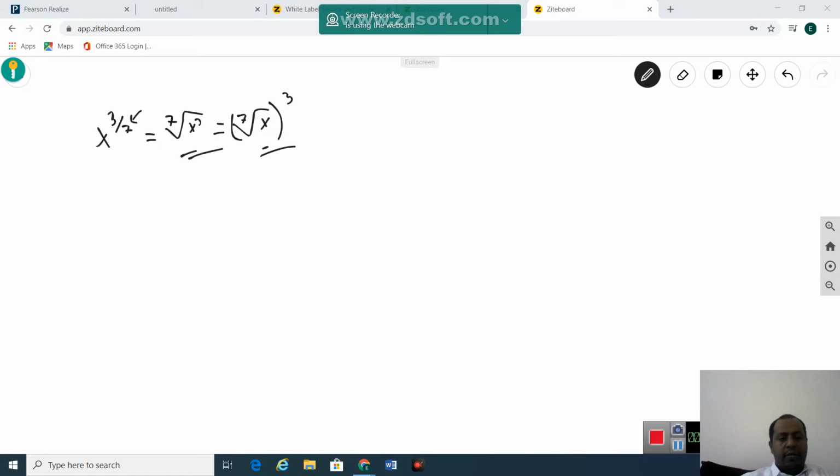Okay, another thing that I would like to stress in this problem, every time when we have rational exponent, the first thing that we need to do is check whether the rational is written in simplified form or not. In this case, 3 over 7. Is it written in a simplified form?